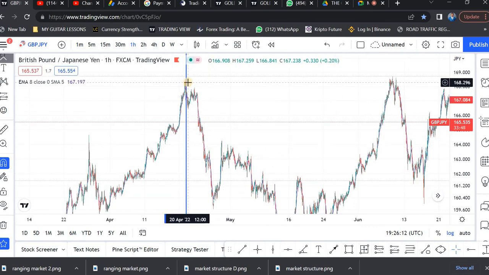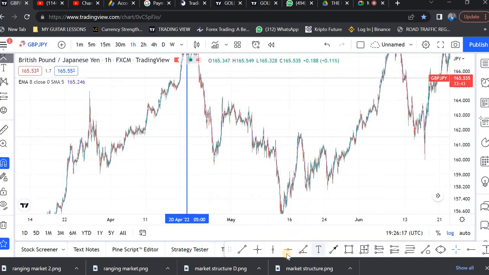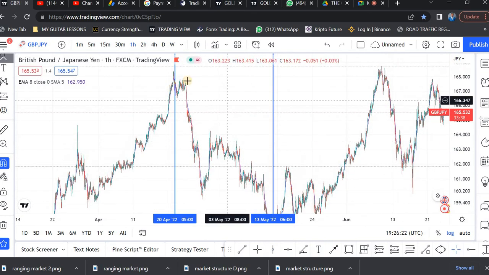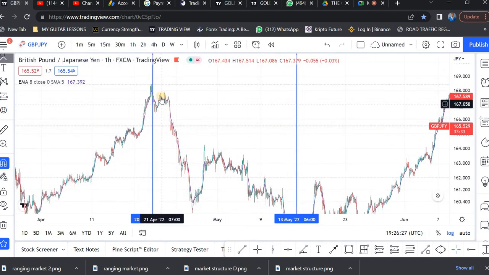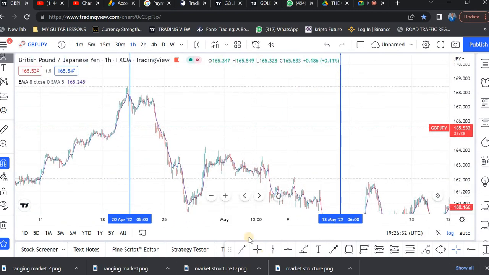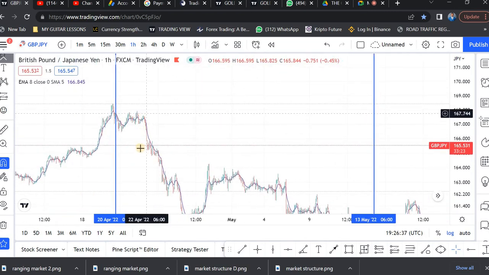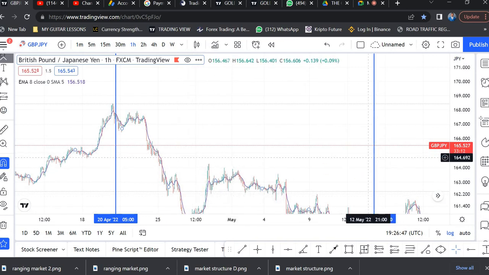Okay, so starting from the top, you could see that this market was trending down up to this point. There was an impulsive move downwards. Let me zoom in so you can see it well. There was an impulsive move downwards up to this point, then a little retracement up, then impulsive move downwards, a little retracement up, then impulsive move downwards, in that order.